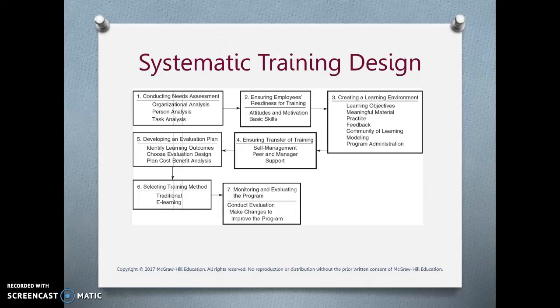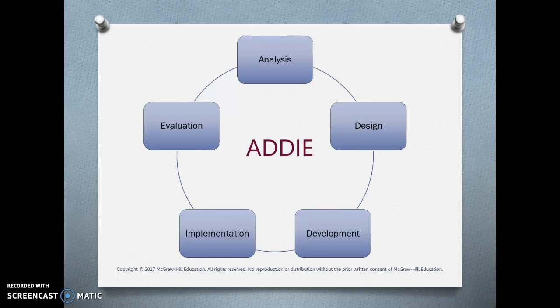So one example of the training design process is referred to as ADDIE. ADDIE includes analysis, design, development, implementation, and evaluation. Training design is effective only if it helps employees reach instructional goals and objectives.